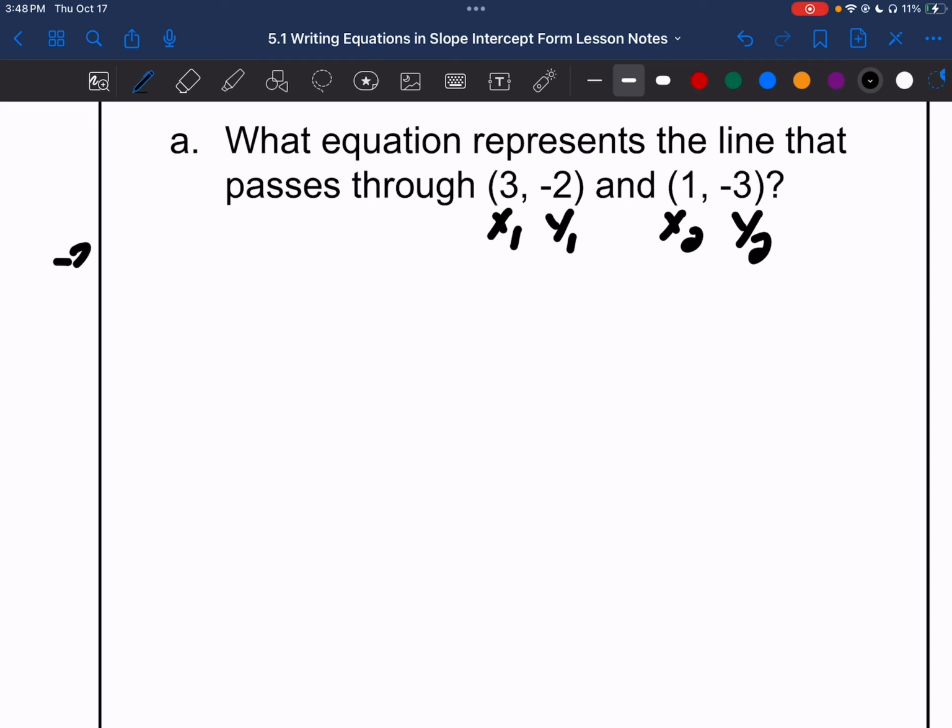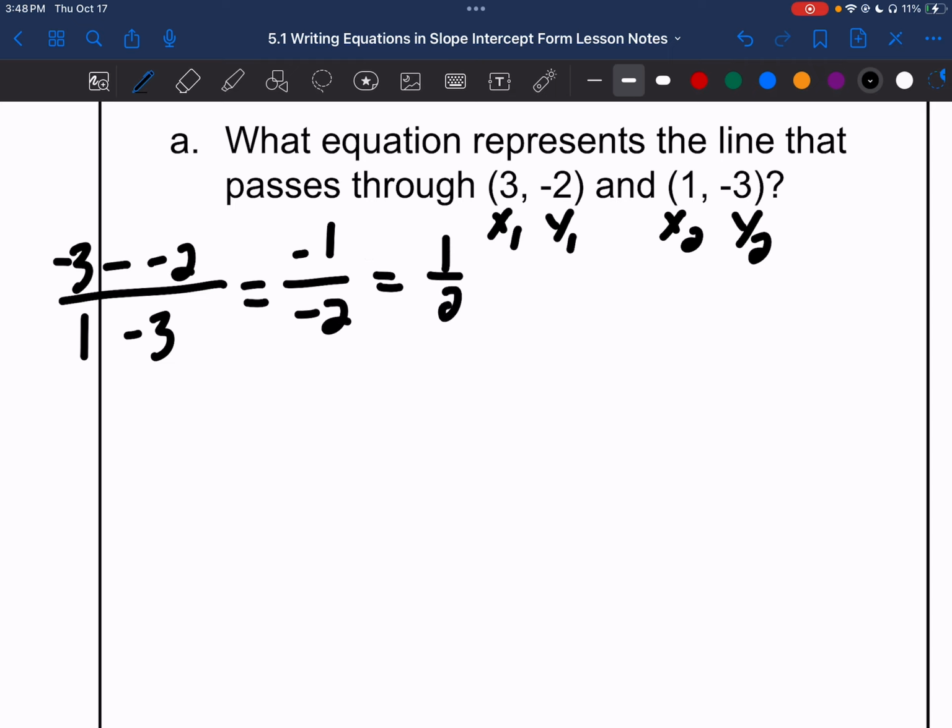So -3 minus -2 over x2, 1 minus x1, 3. And we get -1, because minus a -2 is the same as adding 2. So we have -1 over -2, which we simplify as 1/2.